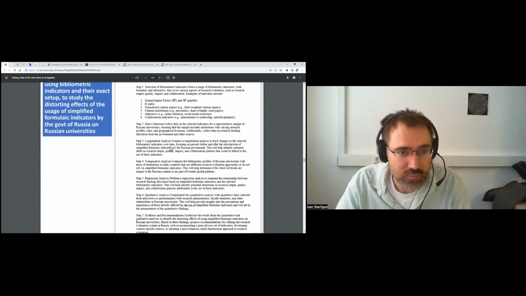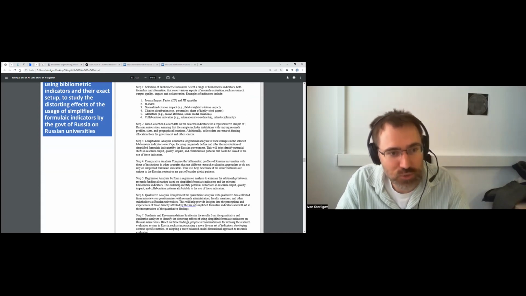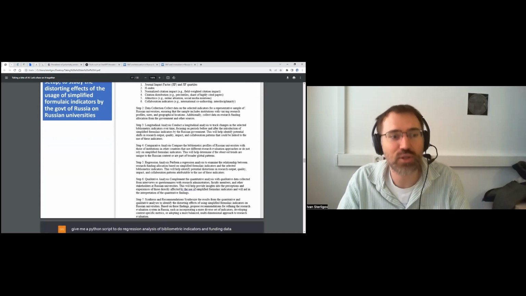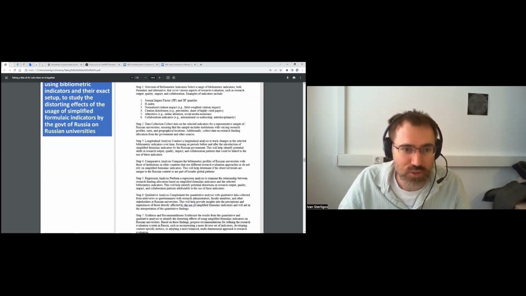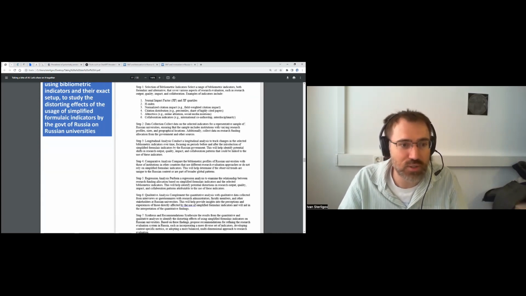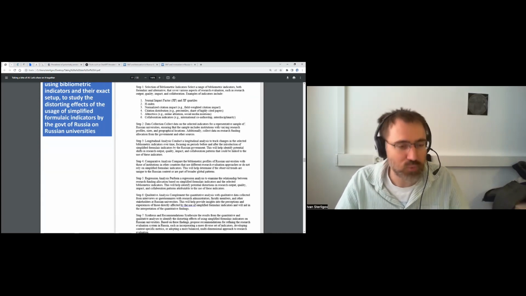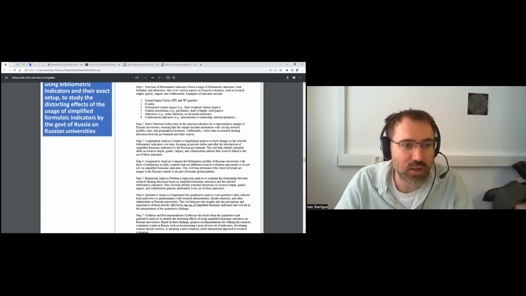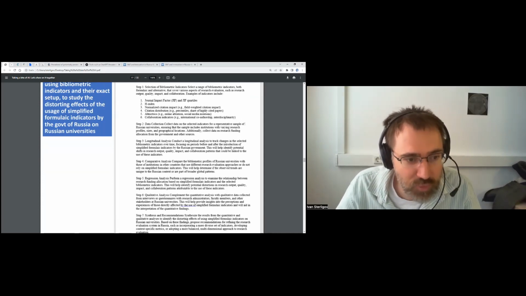Good one. Then we conduct a longitudinal analysis to track the changes of these indicators. So the research strategy focuses on exactly what we've asked for. I think it's also a valid step here.